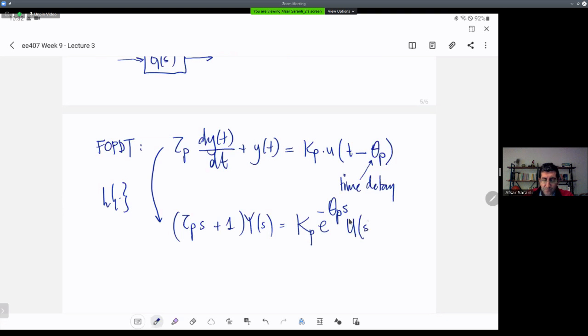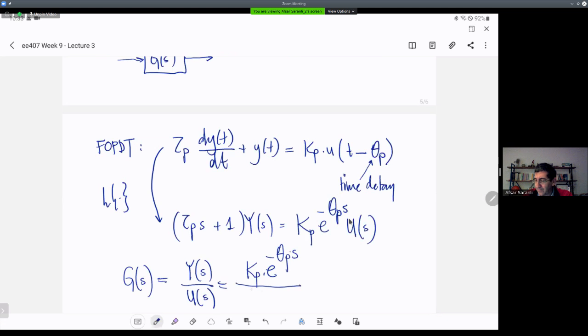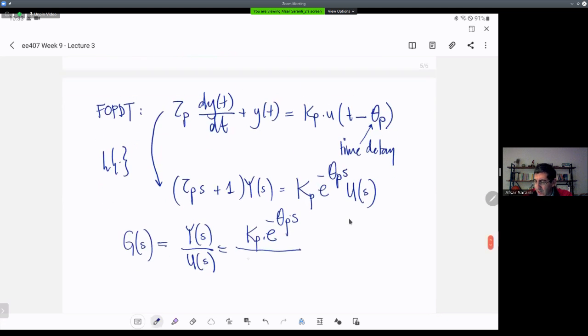So what do we have? In that case, G of s is given by the ratio of the output to the input in the Laplace domain, and that gives us kp, the process gain, times e to the minus theta p s over a first order denominator, tau p s plus 1.